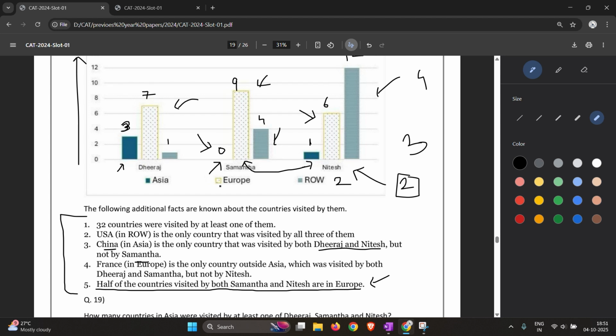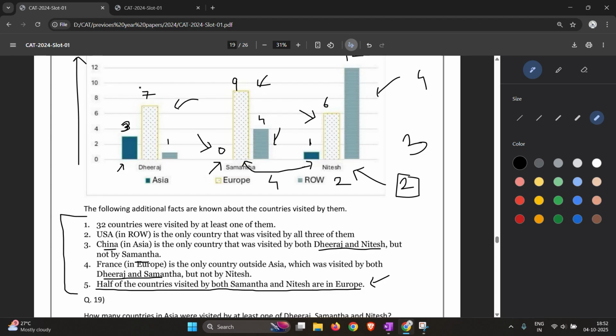For Samantha, we know that she did not go to any of the countries in Asia, and in Europe she went to nine countries, but four of them were in common with Nitish. And France, which is a country in Europe, is the only country which was common between Dheeraj and Samantha, right? So she has four common with Nitish and one common with Dheeraj. So five common countries. So from nine, four is the number of countries she visited that were unique, which were not visited by Dheeraj or Nitish.